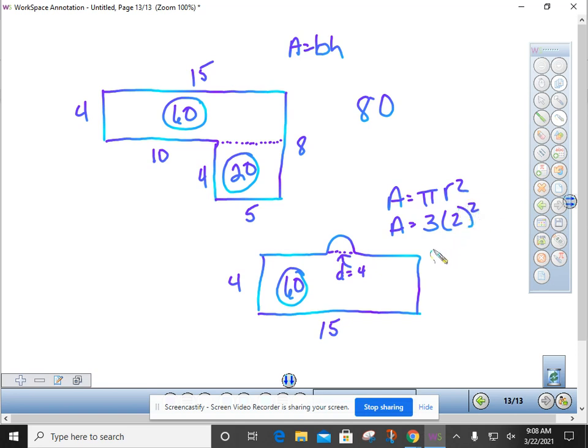And 2 squared? 4. And 3 times 4? 12. And half of that? 6. What is the total area of this composite figure? 66. Okay, that's my little short mini lesson in composite figures.